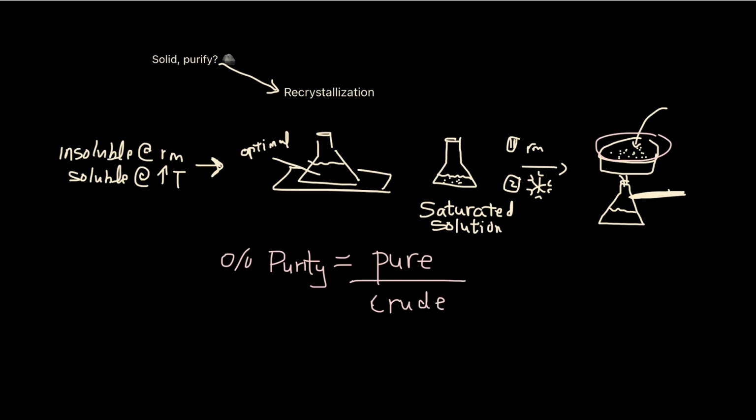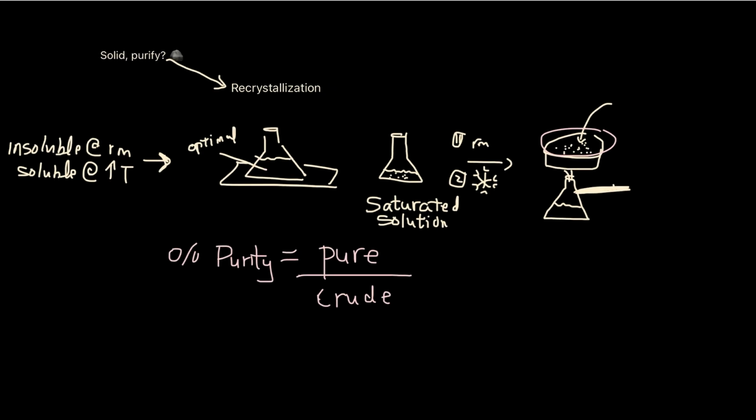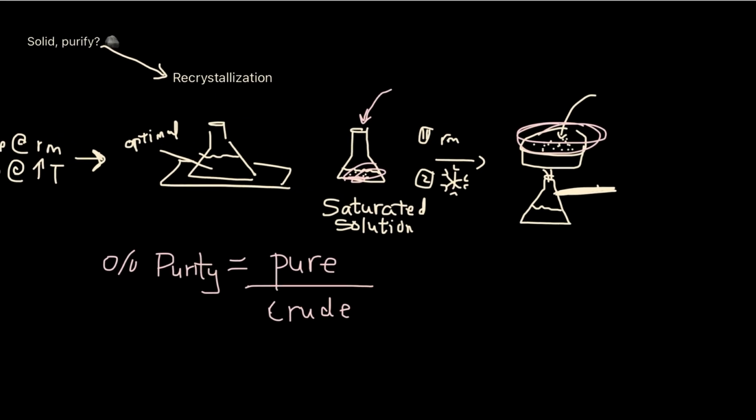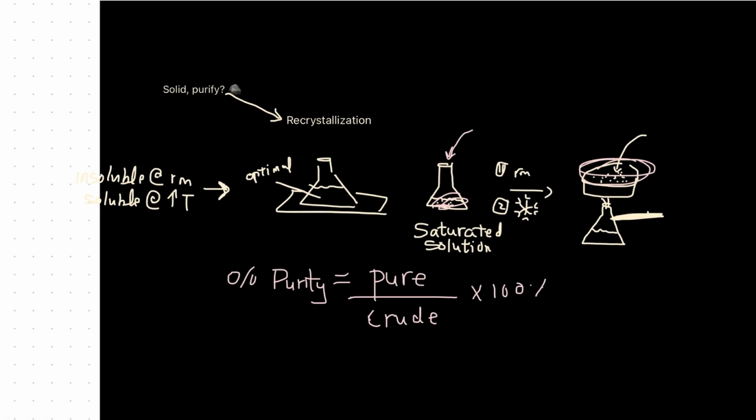That is whatever you threw in at this step here. So you would weigh out how much you're putting into this saturated solution. That's going to be your crude product, and your pure product is what you get at the vacuum filtration step. So that's how you would perform recrystallization.